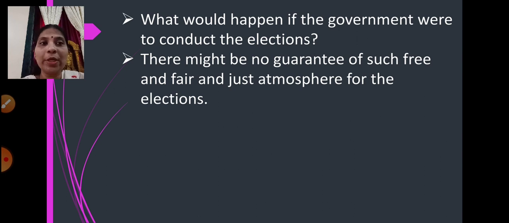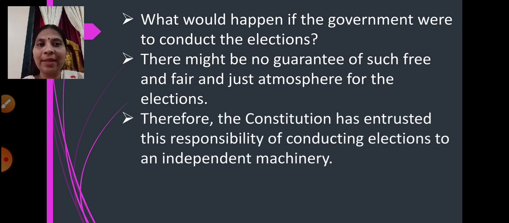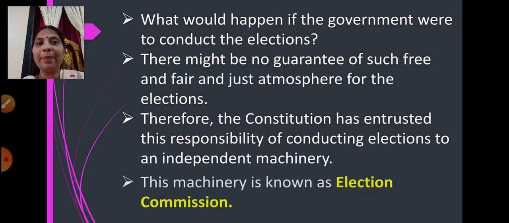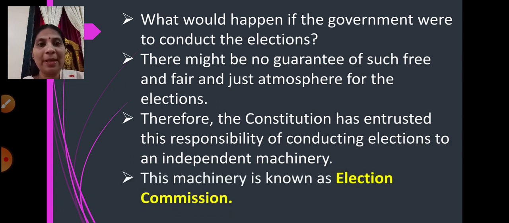Okay, so the responsibility of conducting the elections was entrusted to an independent machinery. So the constitution has entrusted this responsibility of conducting elections to an independent machinery, and this independent machinery is known as the election commission. So the election commission is an independent machinery just like the independent judiciary, where no control of any government or any minister is there, and no pressure is there on this independent machinery.